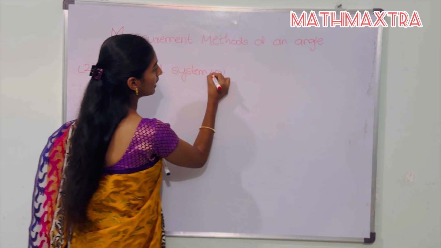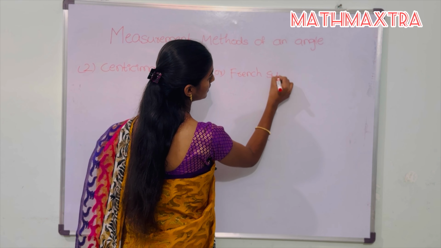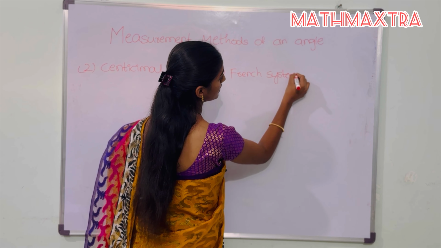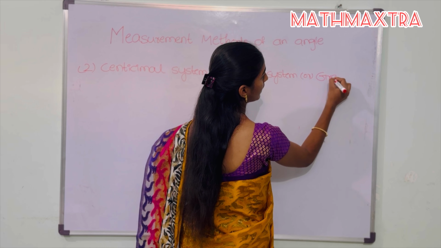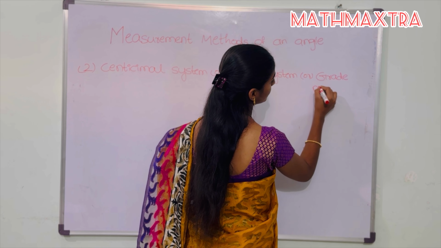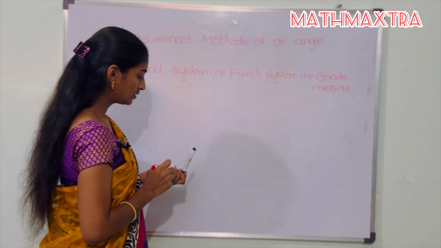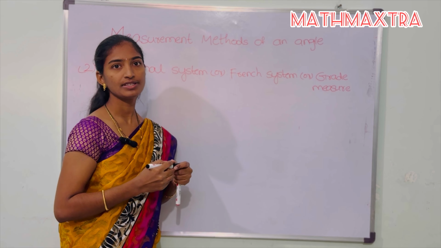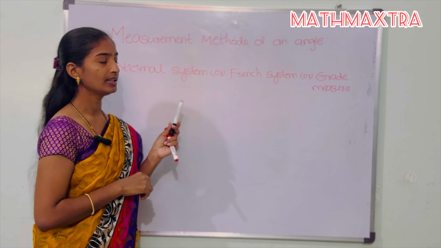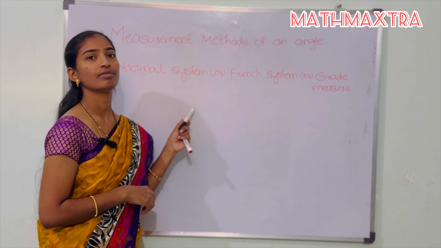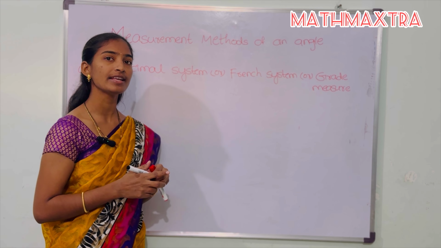This is also called the French system or grade measure. In the sexagesimal system, the unit of measuring an angle is degree, whereas in the centesimal system, the unit of measurement of an angle is grades.